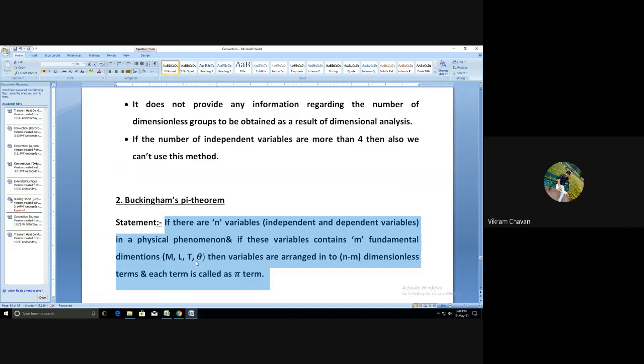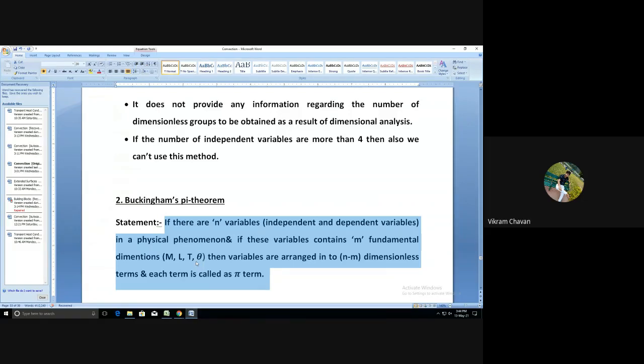If in a physical phenomenon 2 fundamental dimensions are included, then we consider m is equal to 2. M is the number of fundamental dimensions. If a phenomenon contains 3 fundamental dimensions, say M, L, T only, then we consider m is equal to 3.